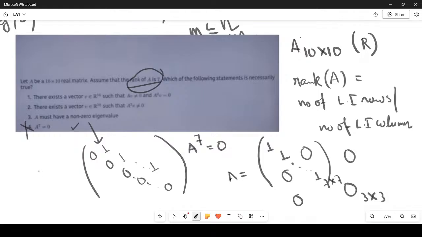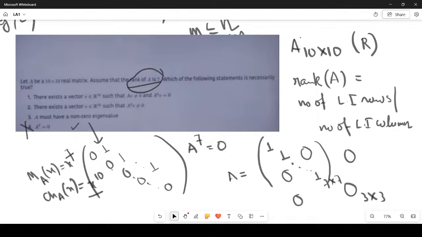Then the minimal polynomial is x to the power 7, and the characteristic polynomial of A is x to the power 10.